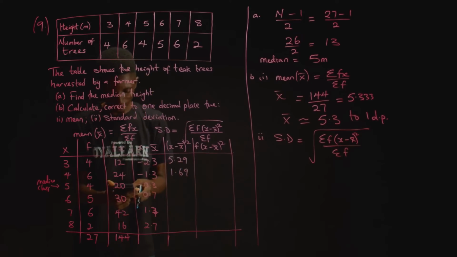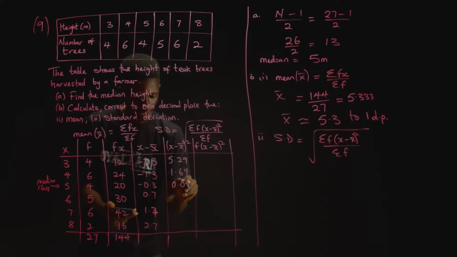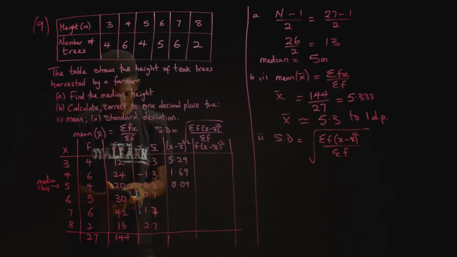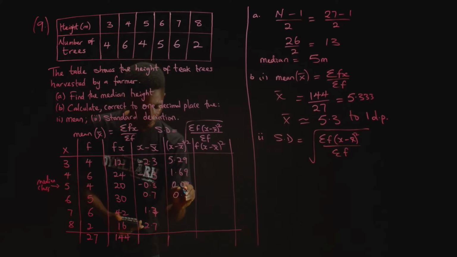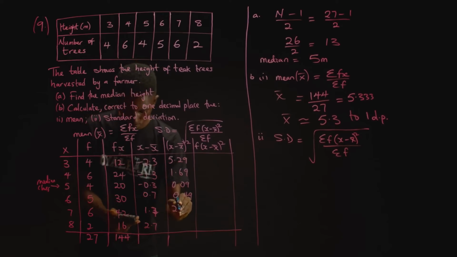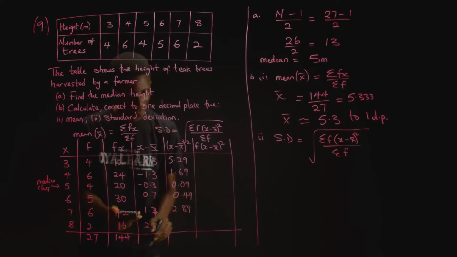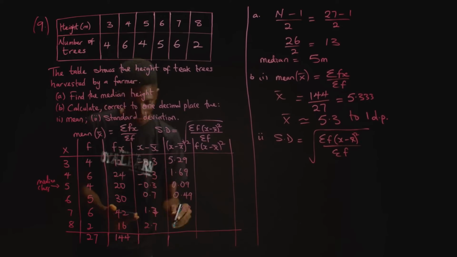Now 0.3 squared, that is 0.09. Now 0.7 squared, that should give us 0.49. Now 1.7 squared, that would give us 2.89. And then 2.7 squared is 7.29.